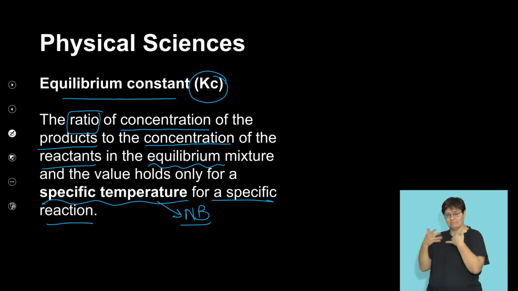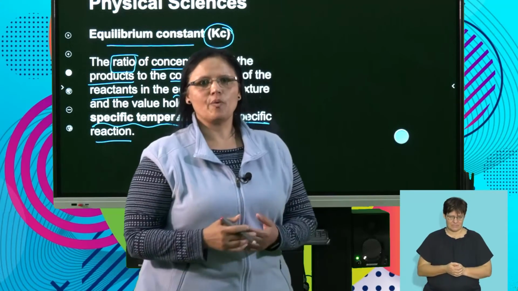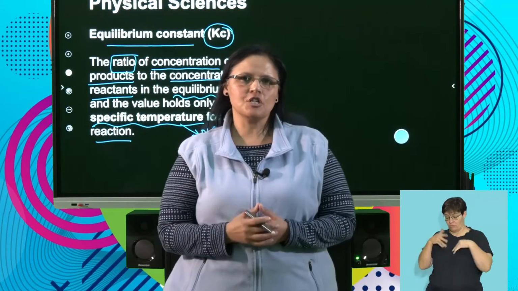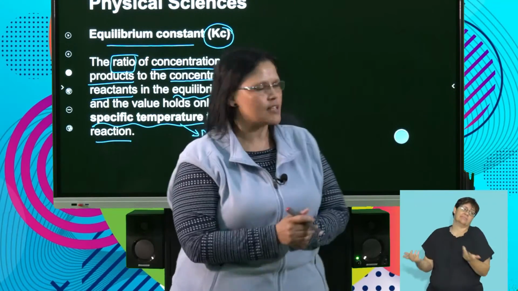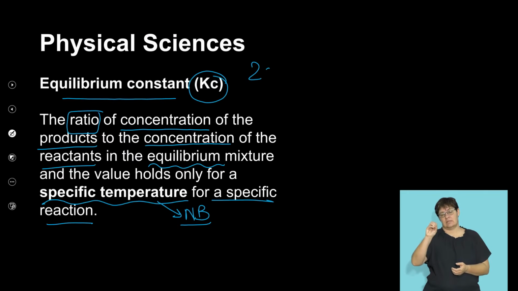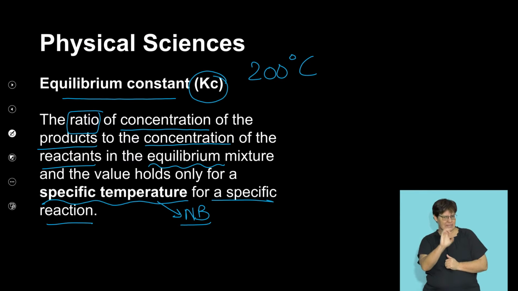So what do we actually say there? Say, for instance, we have a reaction, and this reaction is happening at, let's say, 200 degrees Celsius, and we find out that Kc has a value for that specific reaction at 200 degrees Celsius.